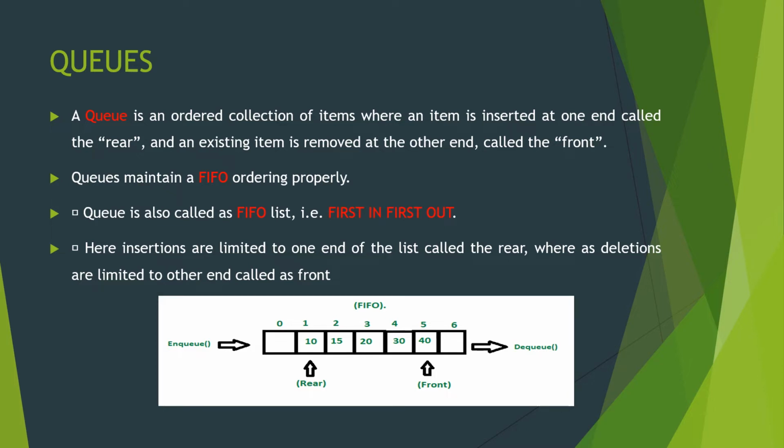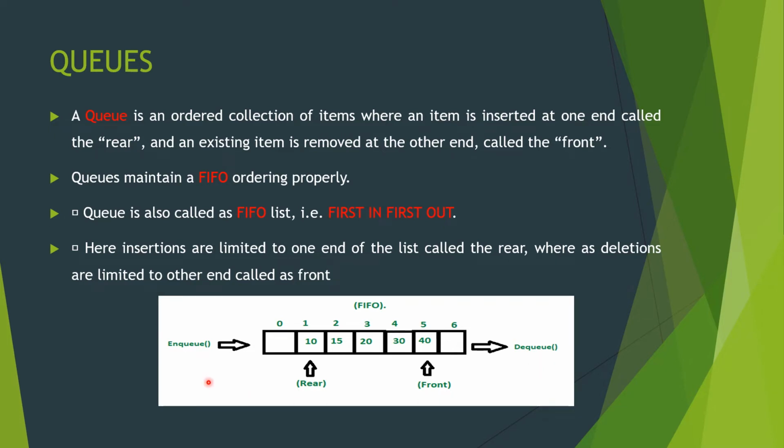This is the diagrammatic representation of the queue, on a first in first out basis. This end we call the rear end, and this end we call the front end.